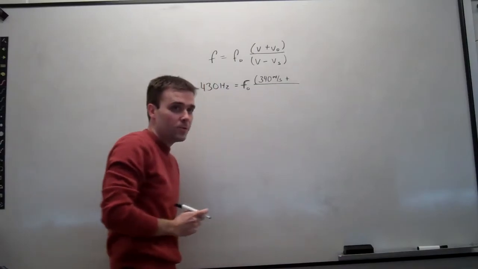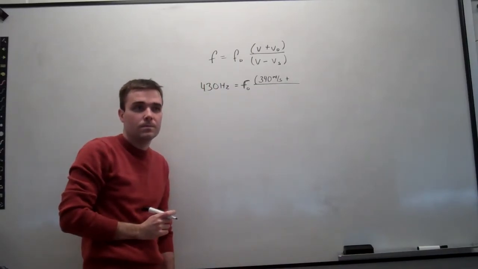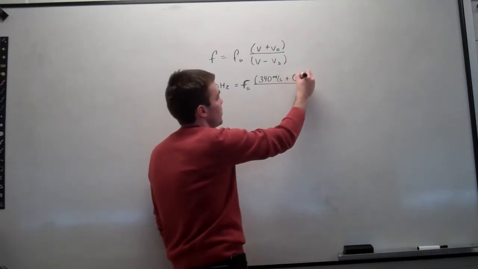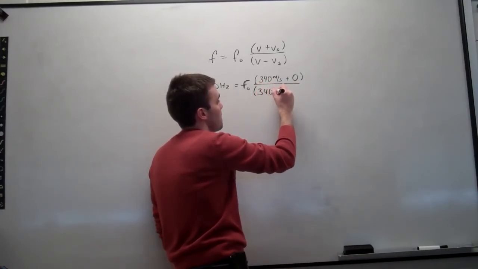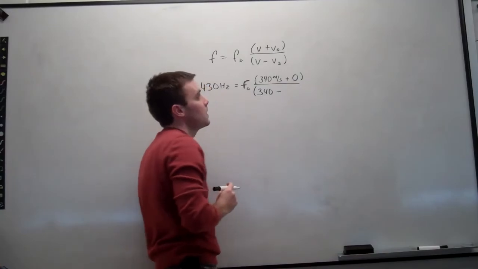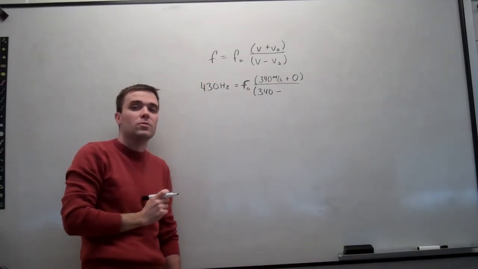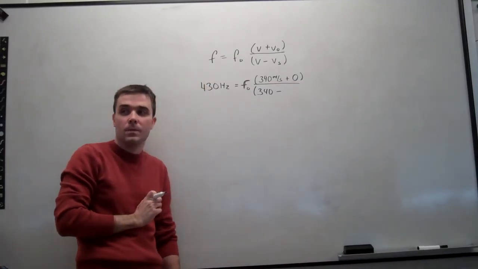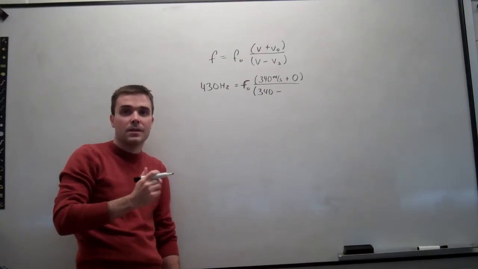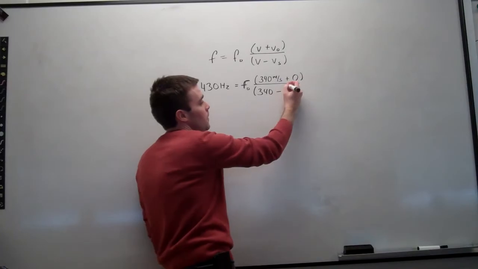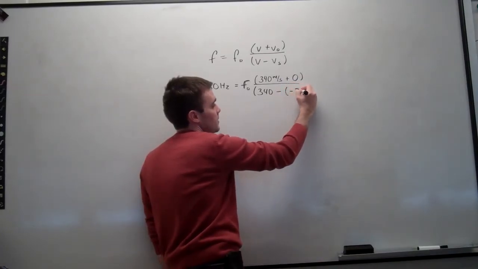What's the speed of the observer here? 0. Plus 0, divided by 340 minus 30. Is it toward or away from? Away. Away, so it's going to be minus the minus, so minus minus 30.